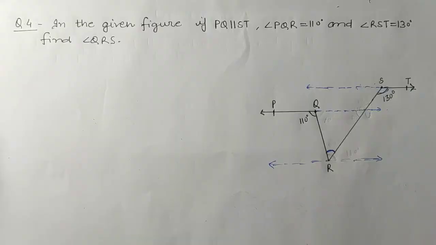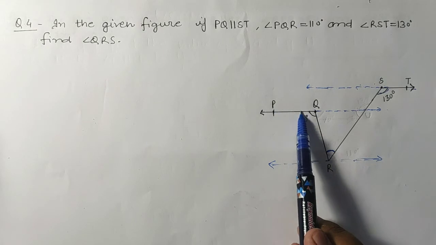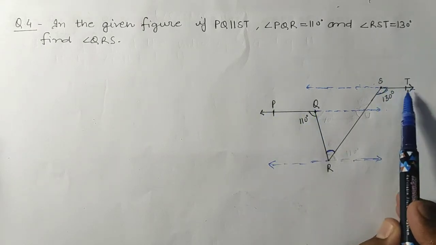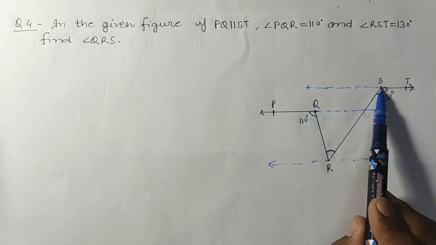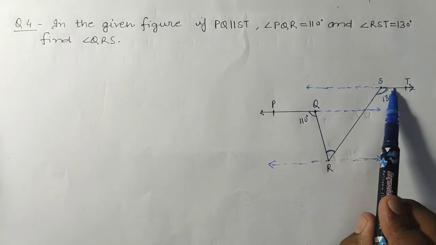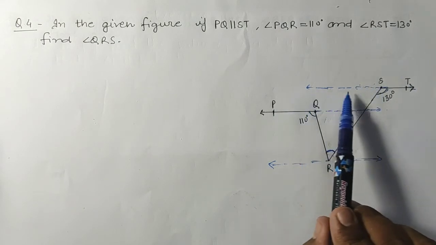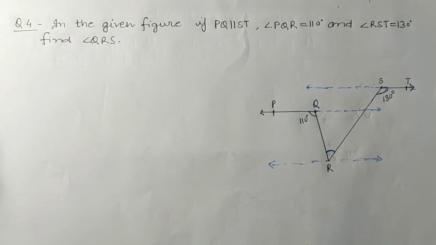The next question is, in the given figure, if PQ is parallel to ST. In the figure only this part is given, not this blue part. But if PQ is parallel to ST, it means that if we extend this part and this part, then these two lines are parallel to each other.